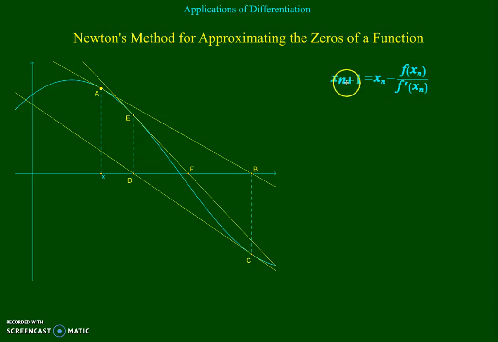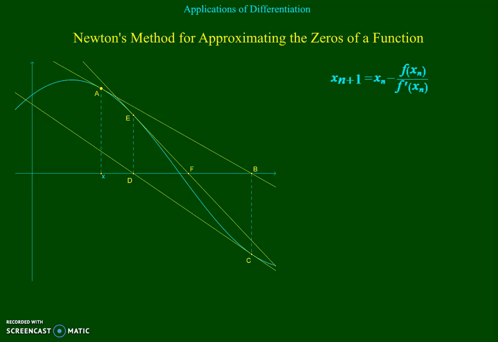So this is x sub n plus 1. If we repeat this process, that is, take this approximation and then insert it into this expression, we will get yet another closer approximation to it. And you can repeat this process until you achieve the desired level of precision.